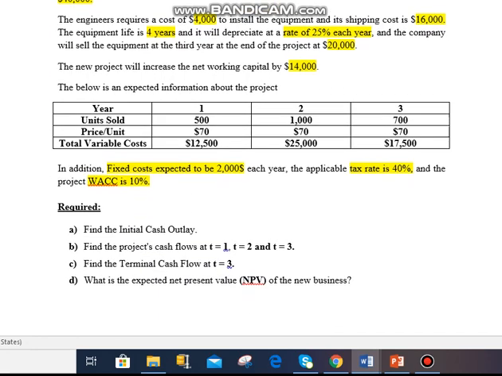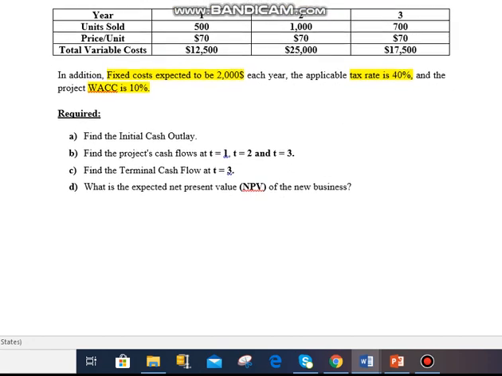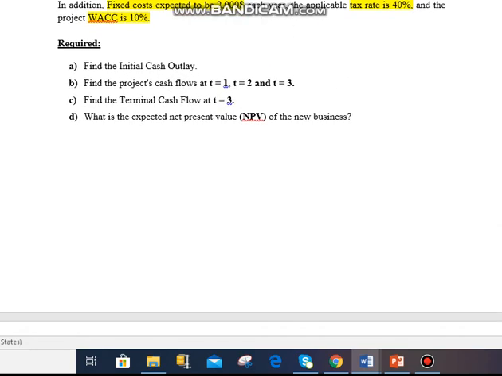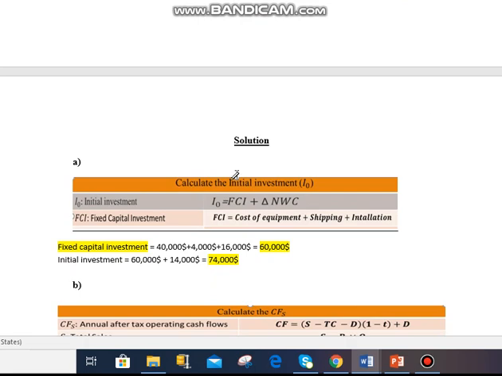So first of all, we have to find the initial cash outlay, or the initial investment. The initial investment, as we know, is equal to the fixed capital investment plus the change in the net working capital, and the fixed capital investment is equal to the cost of equipment plus shipping plus installation.